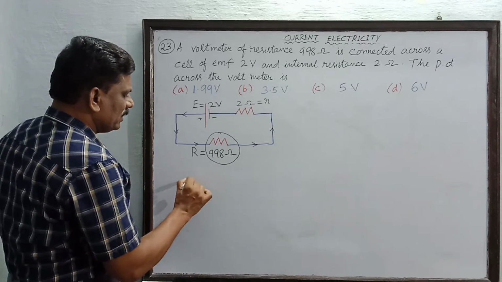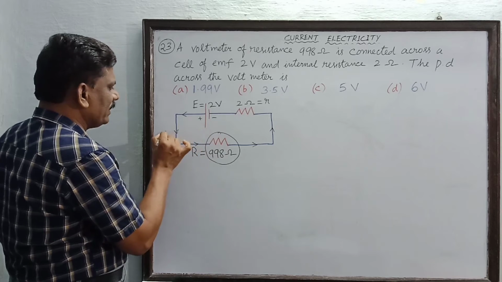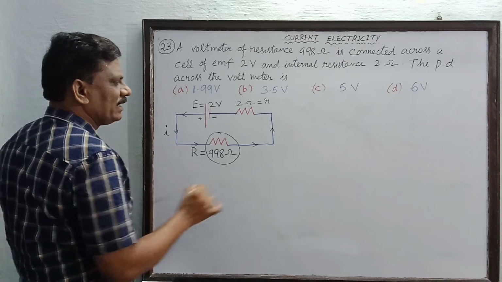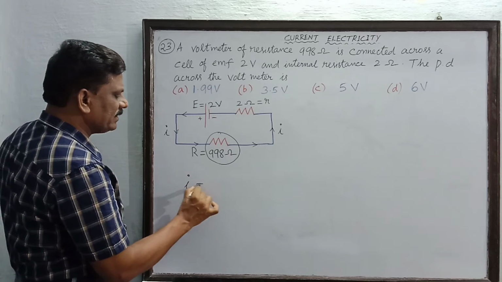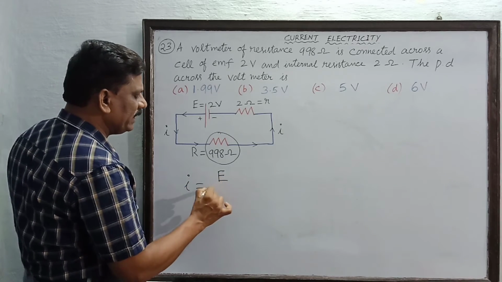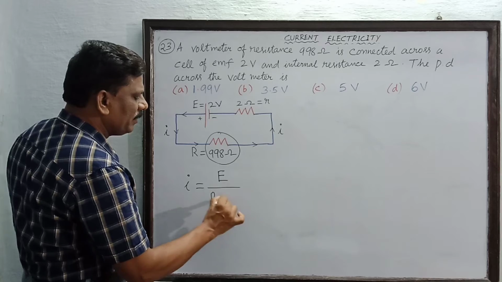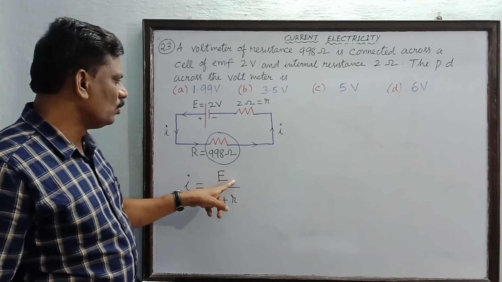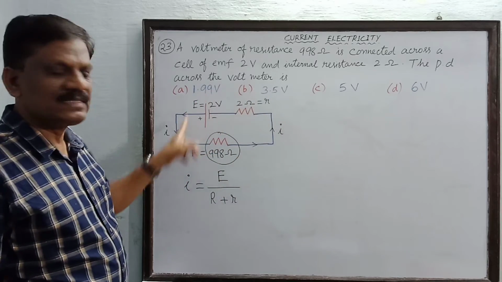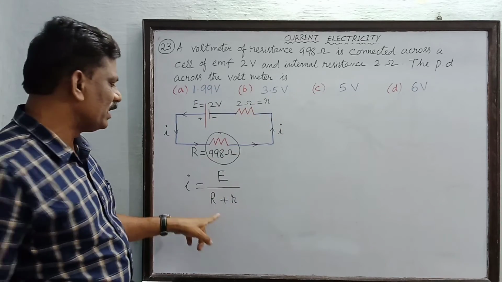Now let us say I ampere is the current supplied by the battery, or cell. So I is equal to EMF E divided by R plus small r. The EMF of the cell is 2 volt. The total resistance in the circuit is capital R plus small r.